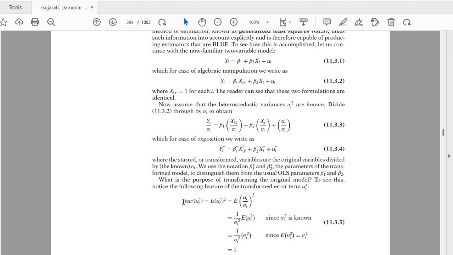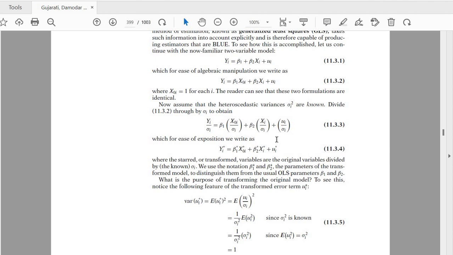Now look at these lines. We have calculated the variance of ui star, which is nothing but E of ui star square, because you know that ui is unbiased, so the expected value of ui star will also be 0. When that term becomes 0 in the formula, then we have this formula.